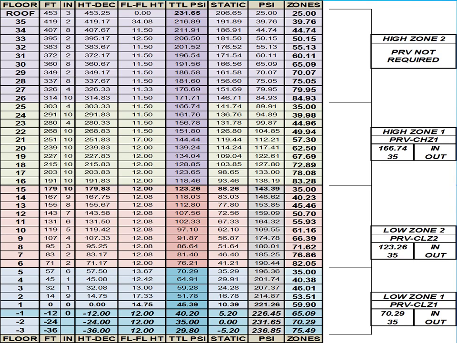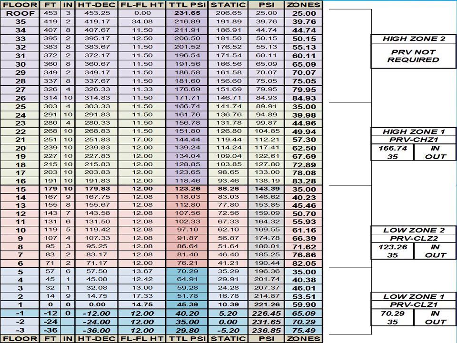We could just name them 1, 2, 3, 4, or different things. A lot of times you have three zones, a low, a mid, and a high. Since I had four, I chose to do it this way. So this is also from Excel, also easily captured and placed into your drawings.